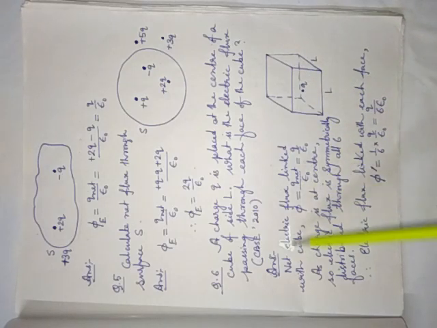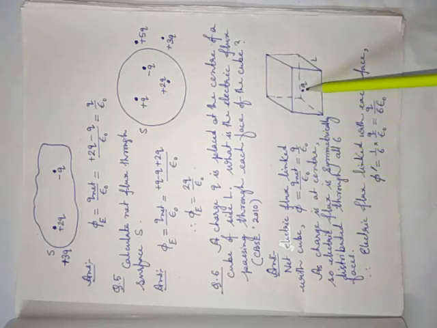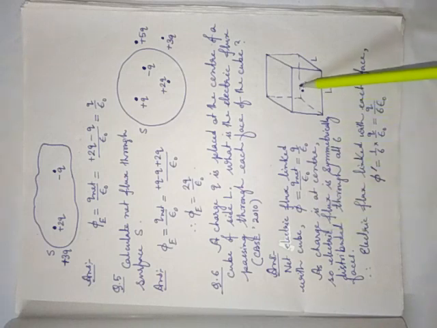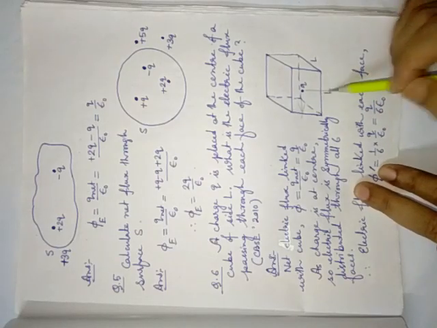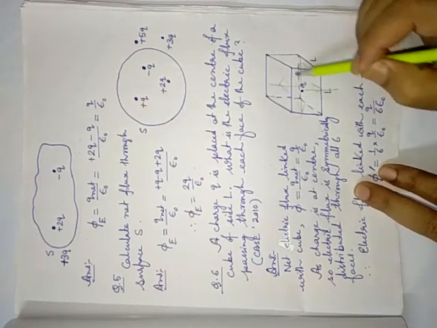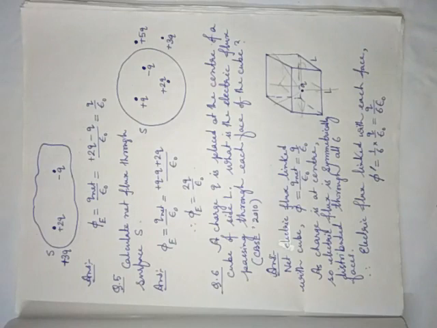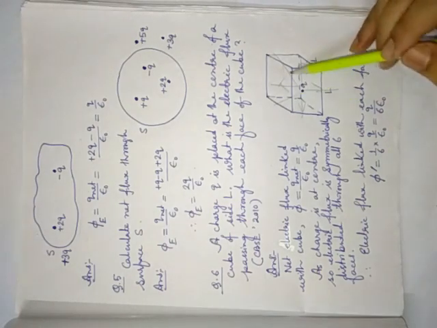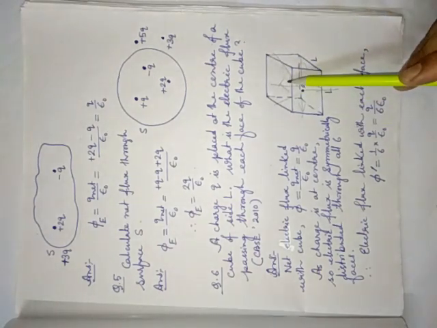Q. That's why the net electric flux linked with the whole cube is q net by epsilon naught. Q net is only one charge, q. But since it is located at the center, the electric field lines are distributed symmetrically. A cube has how many faces? 6 faces. That is why each face will get the same amount of flux.